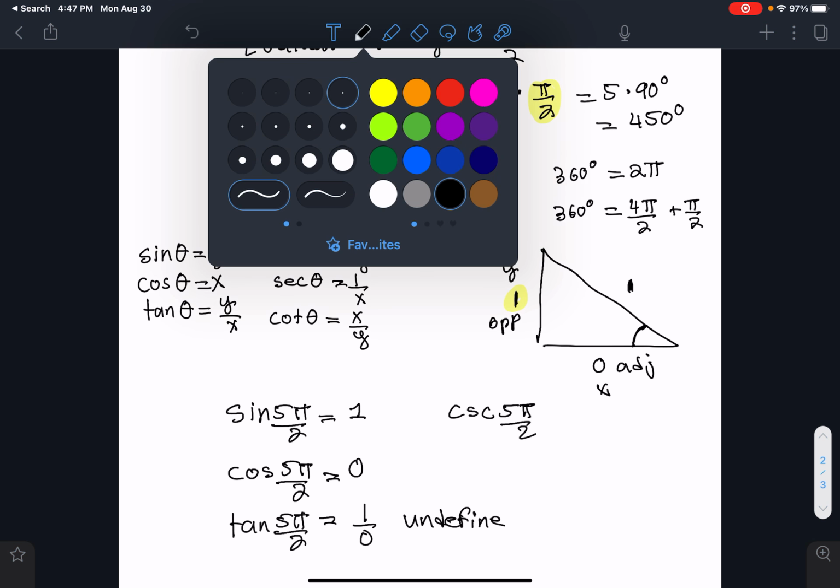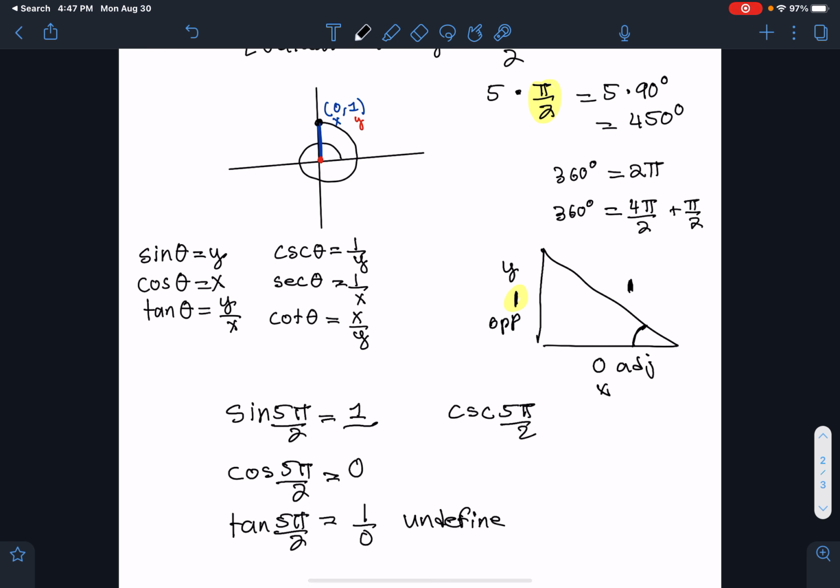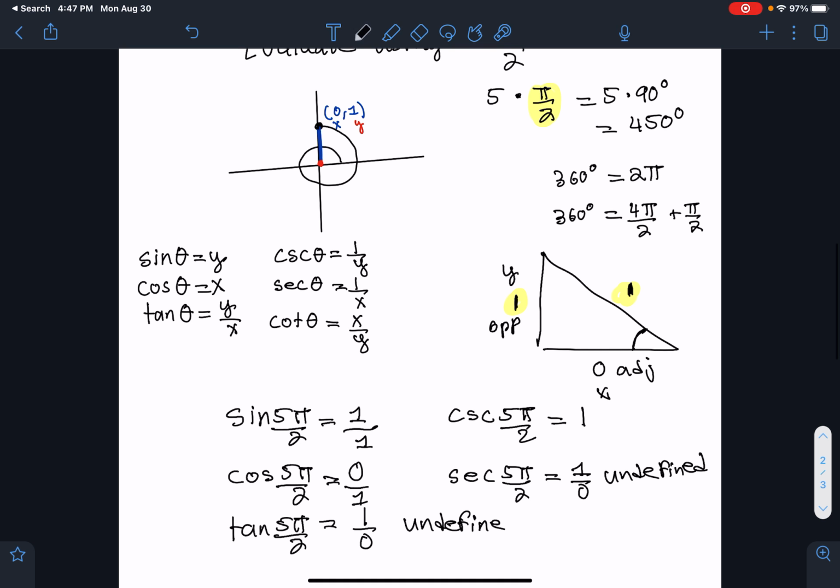One thing that might be useful is to go ahead and just put this over 1 and put this over 1, because technically here we're going to do the reciprocal, so we will get just a 1 here. The reciprocal of cosine is secant. So do you see here that you're actually going to get something that's undefined, because secant means hypotenuse over adjacent, which means 1 over 0.